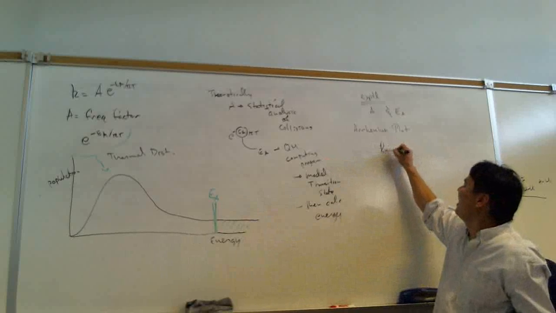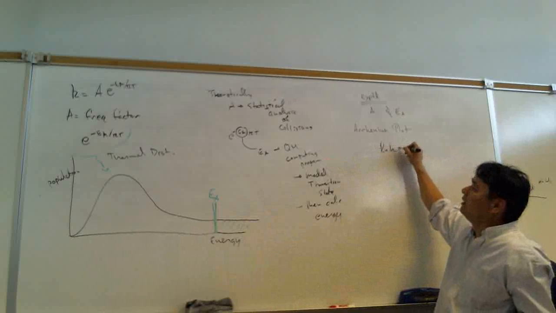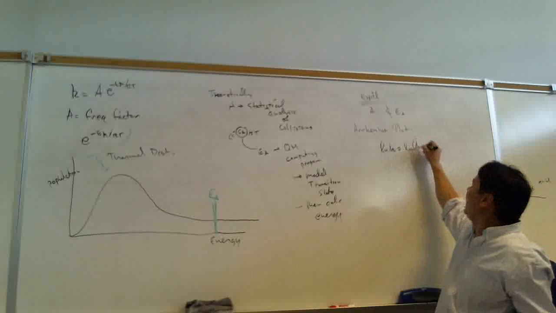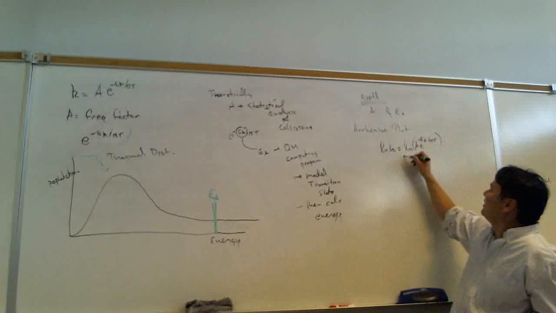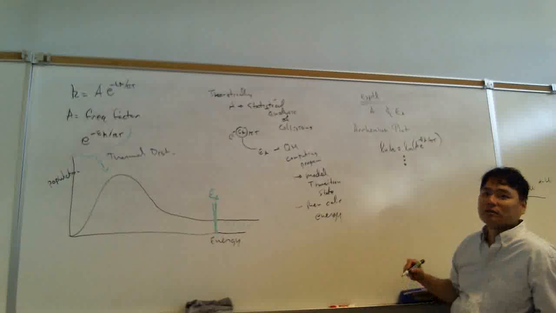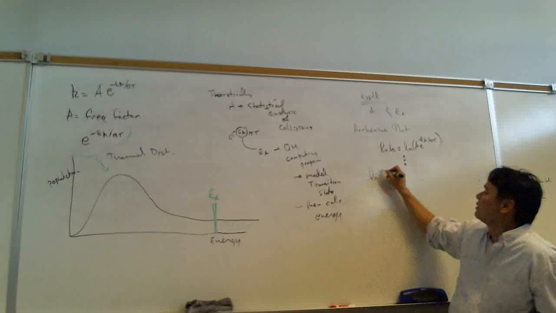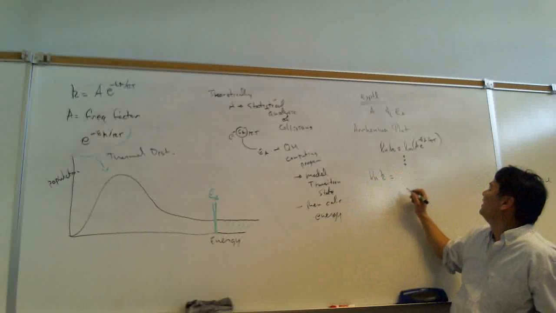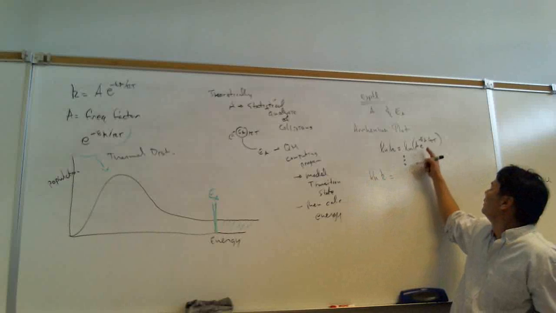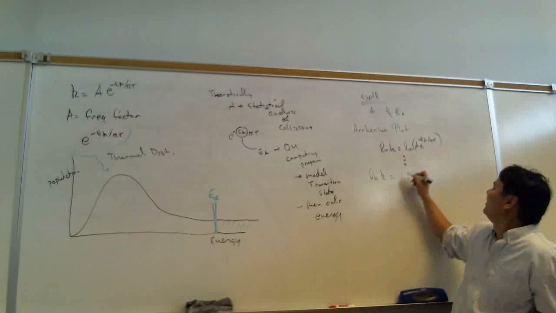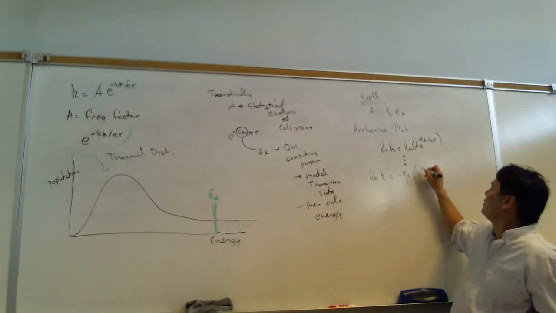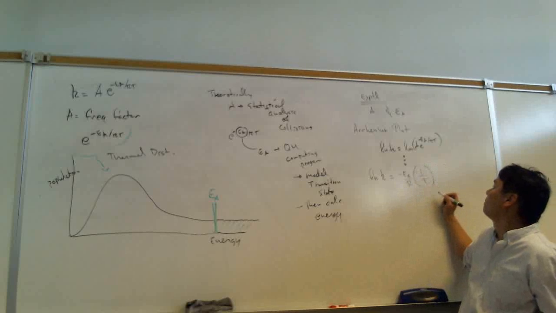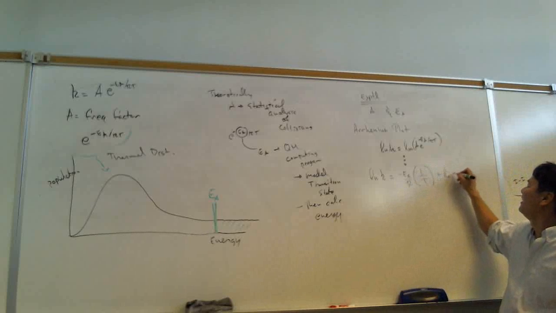So ln of k equals ln of A e to the minus E sub A over RT, and then we simplify using the properties of logs. We get ln of k equals minus E sub A over R, which is a constant, times 1 over T, which is a variable, plus ln of A.